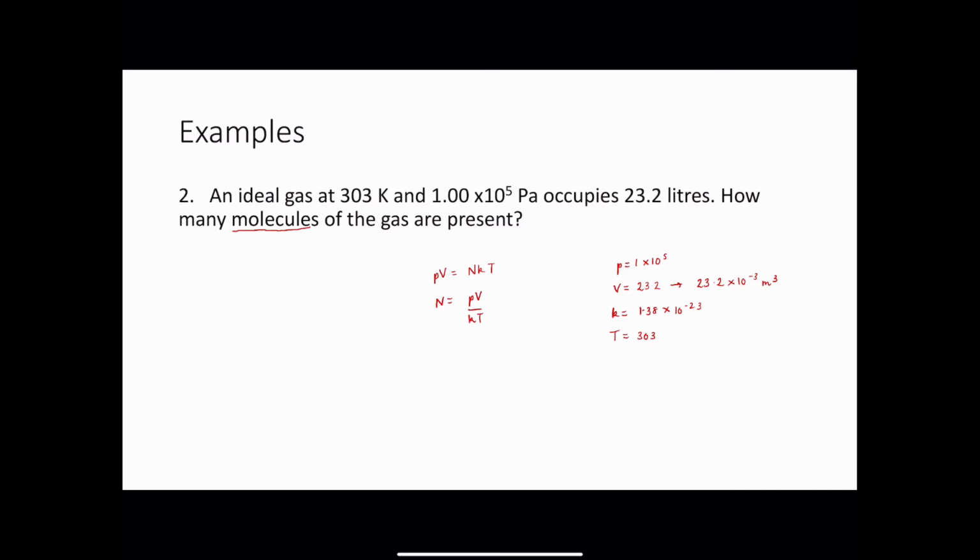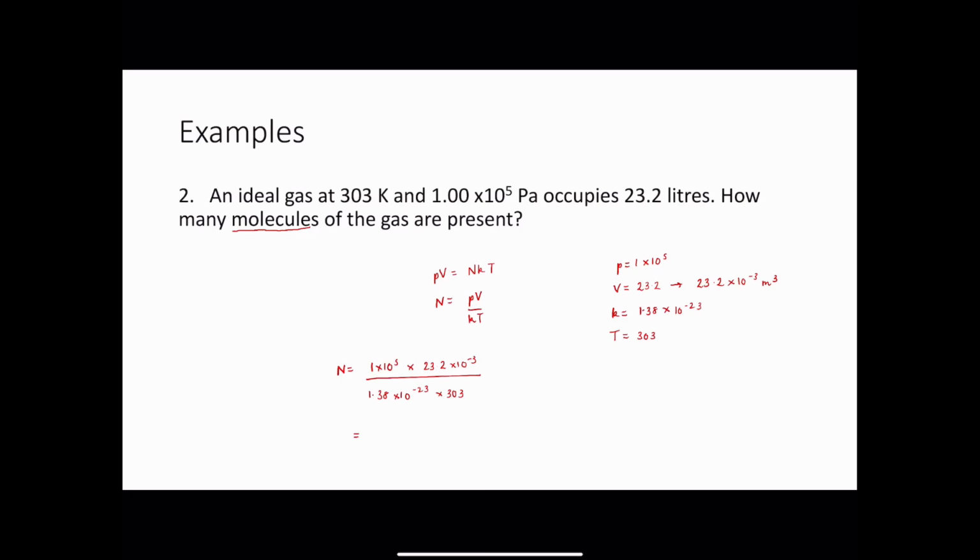Therefore, plugging those numbers in, 1 times 10 to the 5 multiplied by 23.2 times 10 to the minus 3 divided by 1.38 times 10 to the minus 23 times 303. And obviously we're expecting quite a large number because we're talking about numbers of molecules.